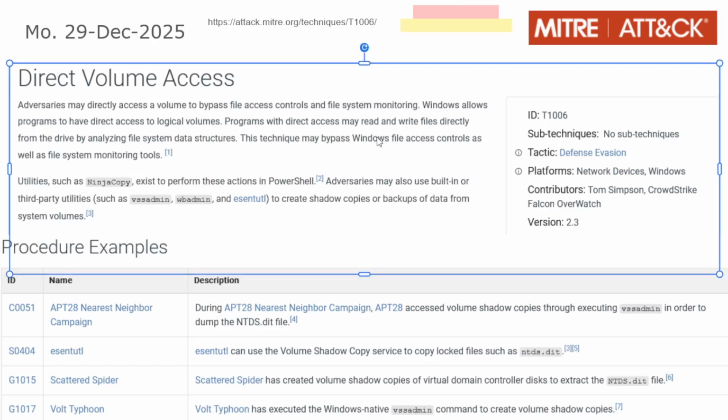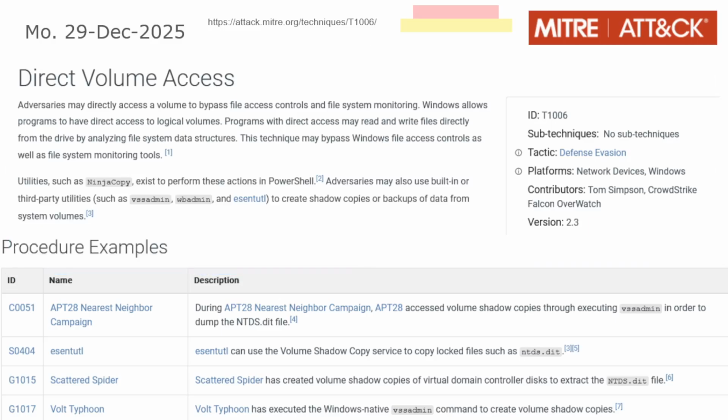Just in case you're interested, this was created in 2017, and indeed this is fairly early for MITRE. Updated recently, that's good. Let's see what we have in direct volume access. It must have something to do with local storage, because it was linked to local storage.